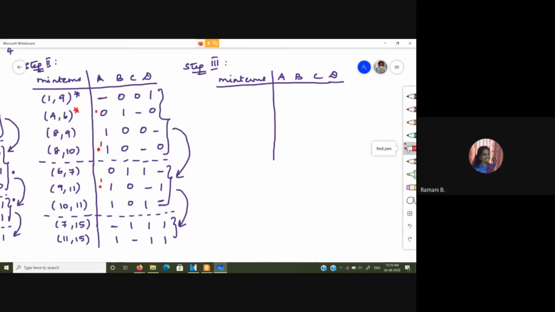So comparing that, we have dashes in this position. A and B are having the same values, only D is changing. So I will arrange the terms. Okay, so 8, 10, 9 and 11. So there we have 1, 0 dash, and the value where it changes, there also you have to give a dash.